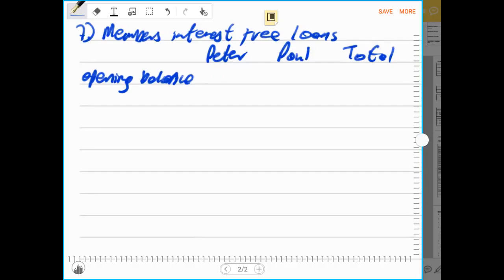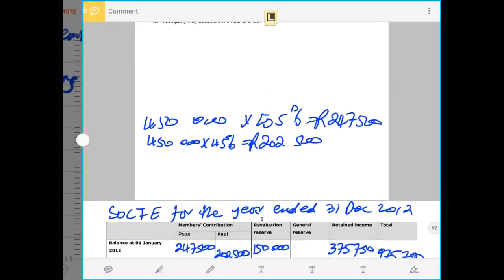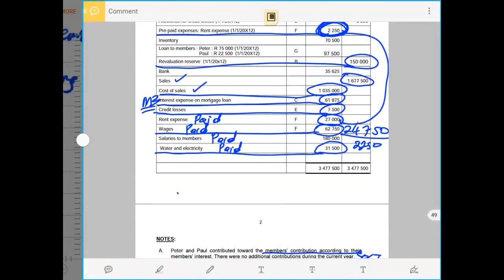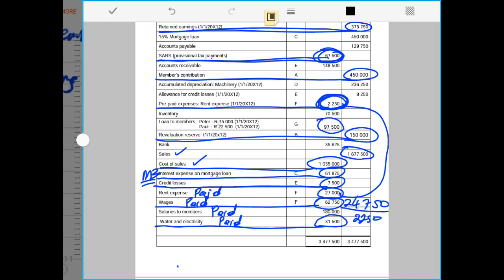Let us check. We have 75,000 and 22,500. I think these were the two amounts because the total was 97,500. Yes, the total is 97,500, which is 75,000 and 22,500.